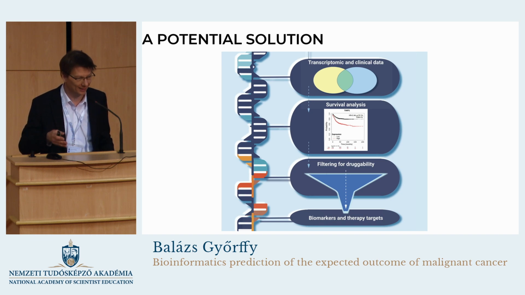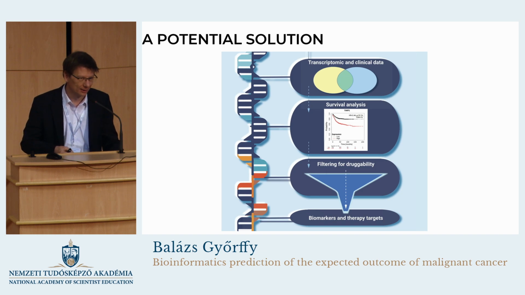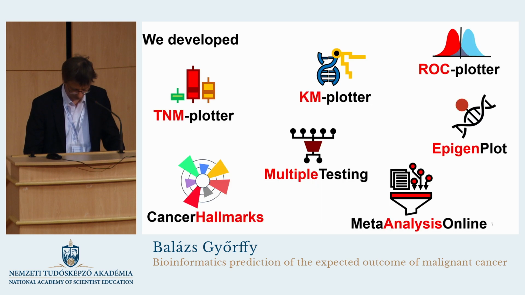So we know the treatment and we know the follow-up, how long the patient survived. Then we make a bioinformatic tool where we analyze this data. I will show you an example for this. We filter for druggability, and at the end, we find those biomarkers and therapy targets which can be used in clinic to treat a patient.